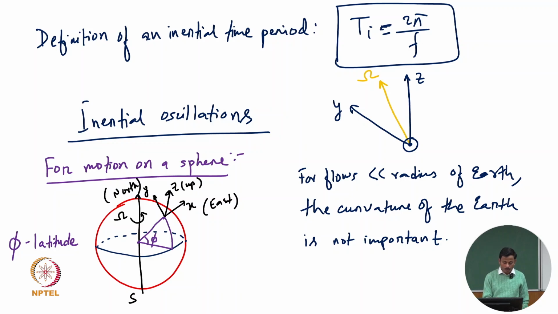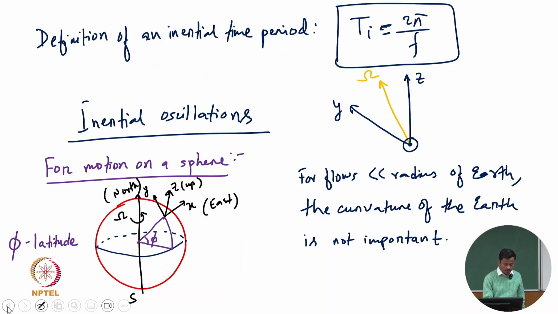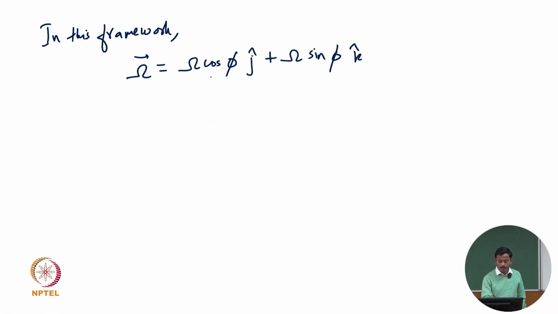Hence, there is no component of omega along the x coordinate. This definition is for our convenience. There is no component of omega in the x direction, and hence only in the y and z direction, because omega lies in the y and z plane. That is the reason why we have only the y and z components of omega.